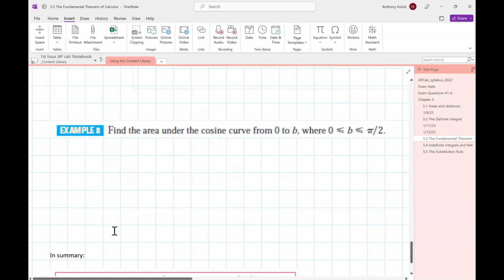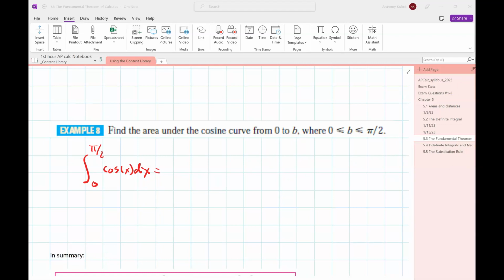Okay, let's do the area under the cosine curve from 0 to b, where b goes from 0 to pi over 2. So there's that, right? What's the antiderivative of cosine?